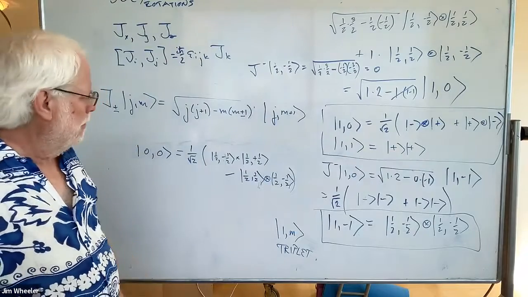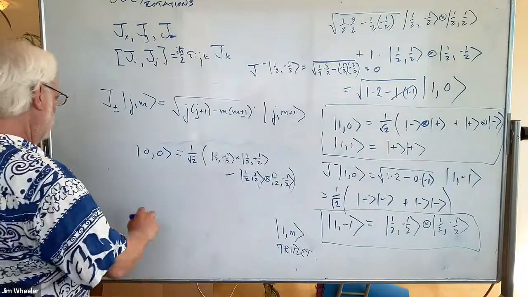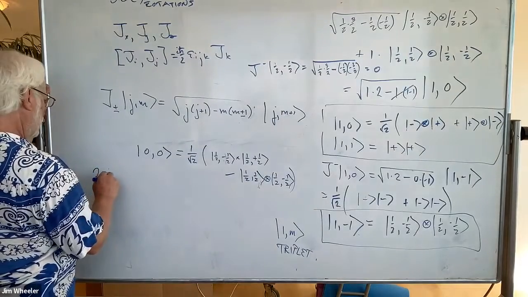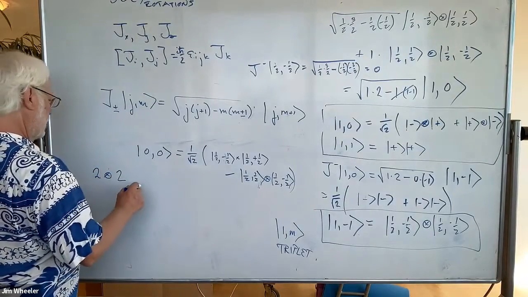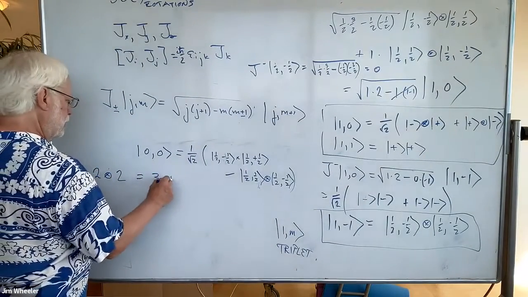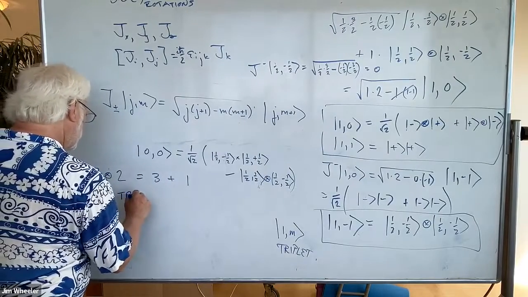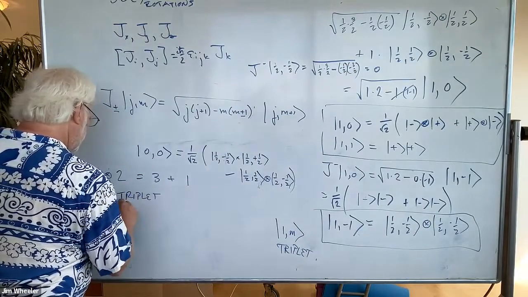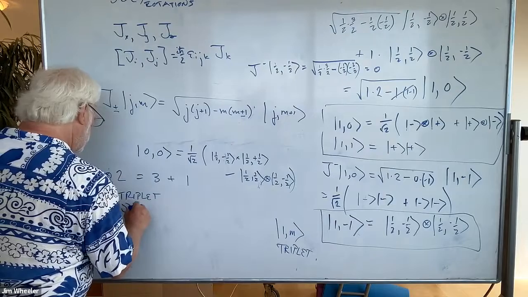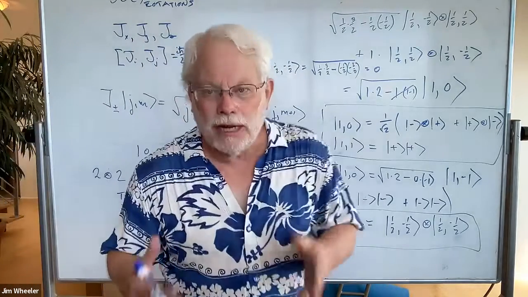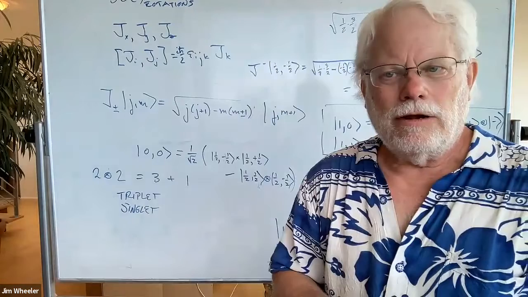Okay, good. So what we get is that the 2 electron spins give us a triplet and a singlet. Now, that's orthohelium and parahelium, right?